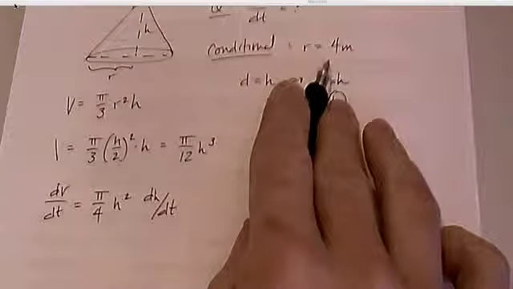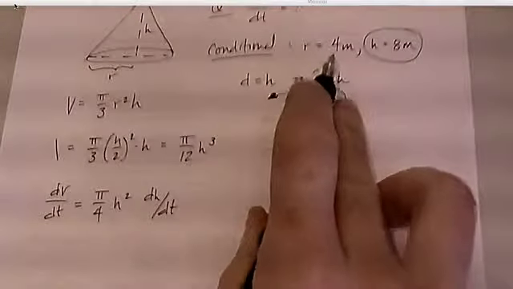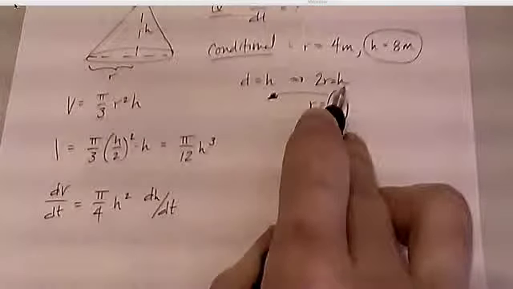Well, that's all well and good, except that the conditional information I was given was r. But the implied conditional information was the fact that h was equal to 8 meters, right? That's the implied conditional because I have this conversion ratio. Plug 4 into here, multiply by 2, and that is h, okay?